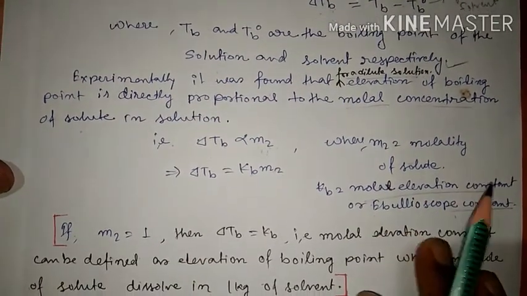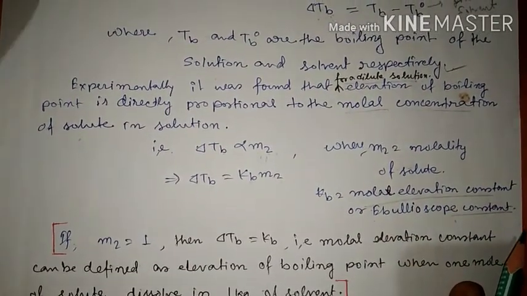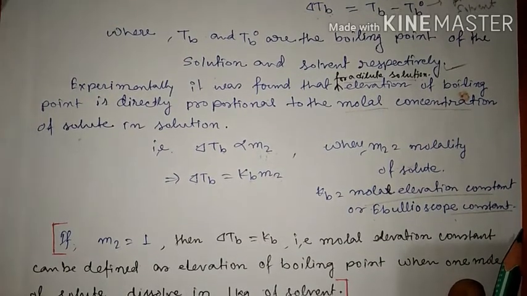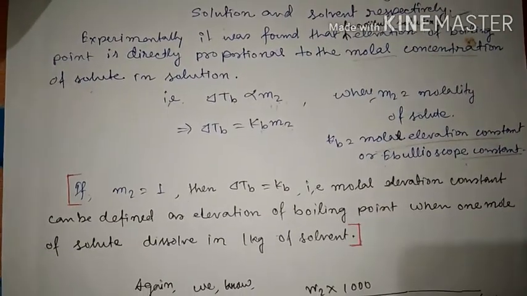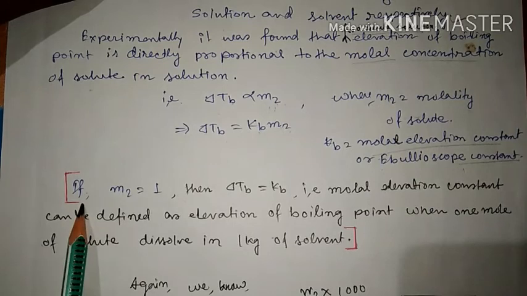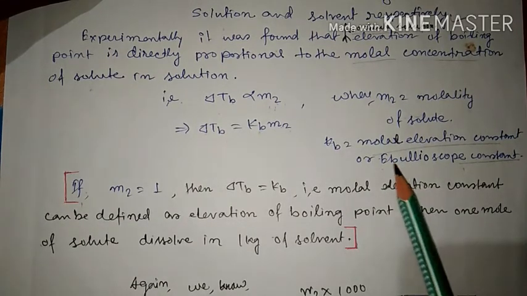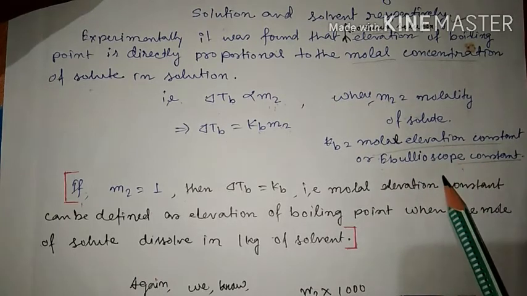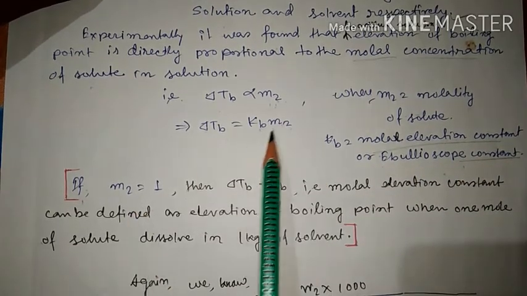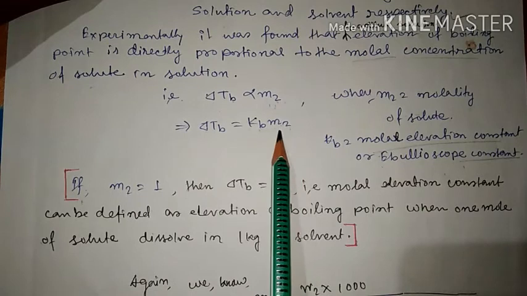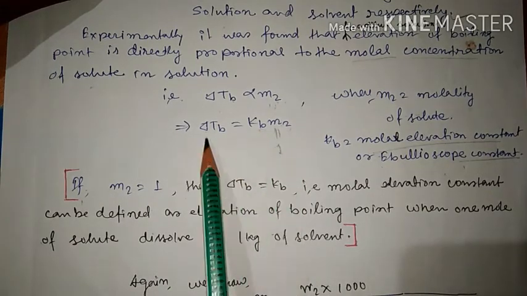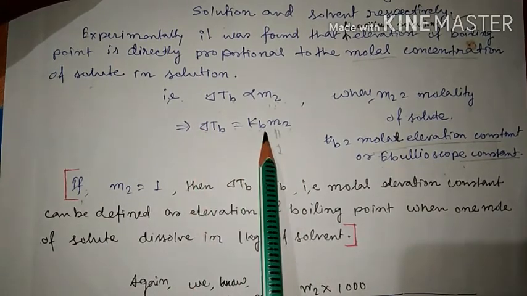Maybe in 2016, in your NCERT class 12 final exam, one short question came, asking the definition of this molal elevation constant. Now how? See, if m2 becomes 1, then obviously ΔTb becomes Kb, no?